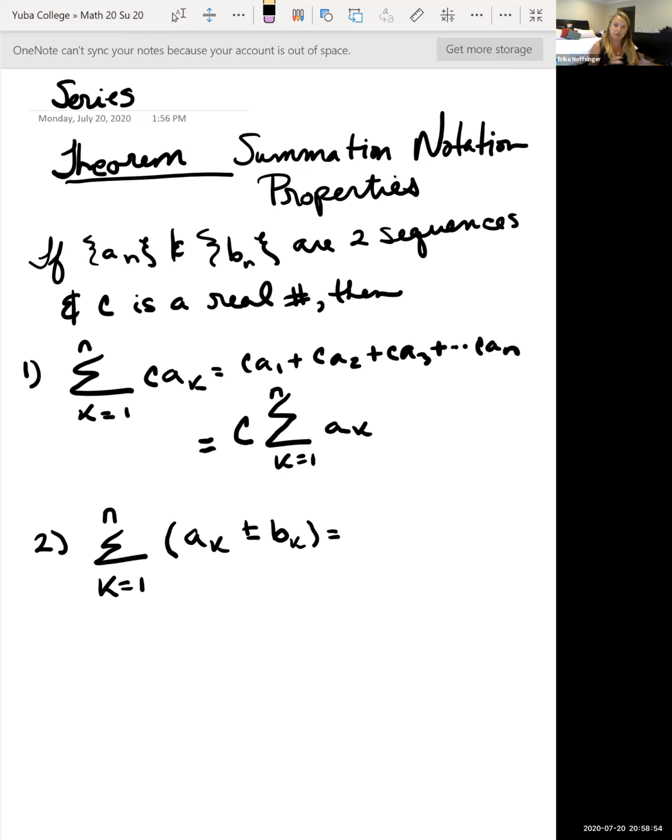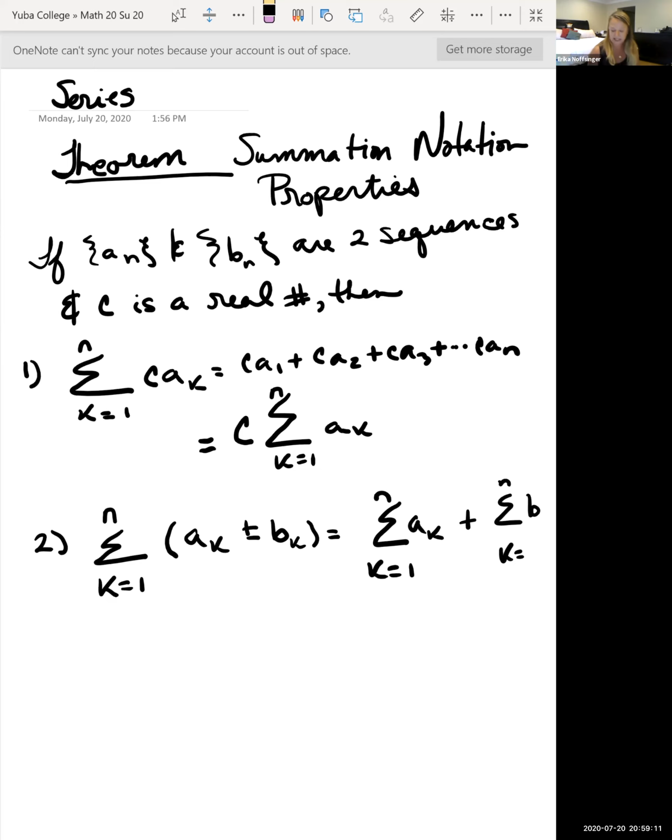So we can just regroup that ordering. And so this is the same thing as saying we can look at the summation from k equals 1 to n of A sub k plus the summation k equals 1 to n of B sub k.